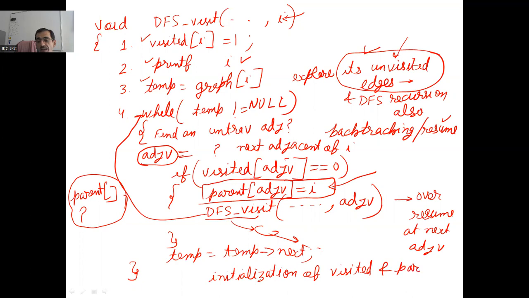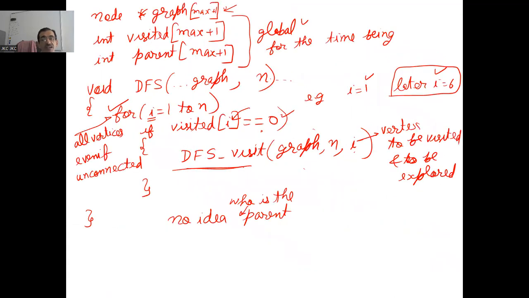These two arrays also need to be initialized somewhere, and of course, they cannot be inside this DFS. So where? Before I start my DFS traversal, I must have the initialization here.